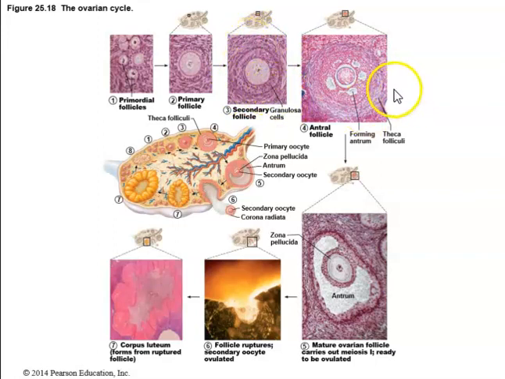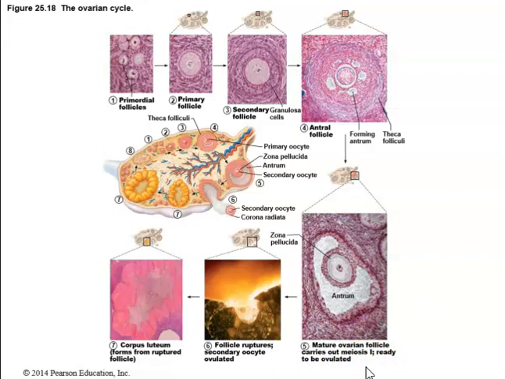Then within the secondary follicle, or the antral follicle, there is the forming of an antrum, being that space within the follicle, and then we have an outer layer called the theca folliculi. So then we have a mature ovarian follicle, also known as a Graafian follicle, that carries out meiosis 1, and it is ready to be ovulated.